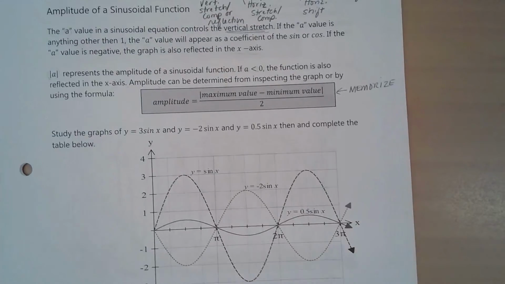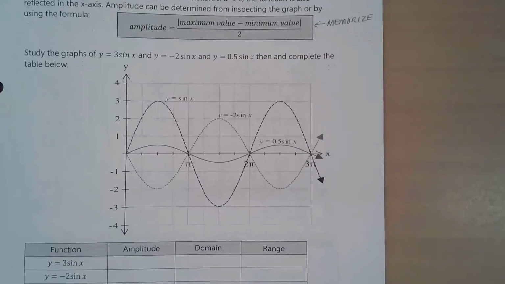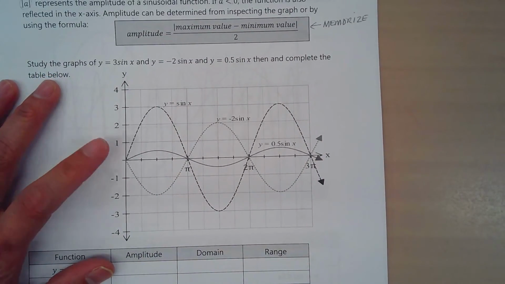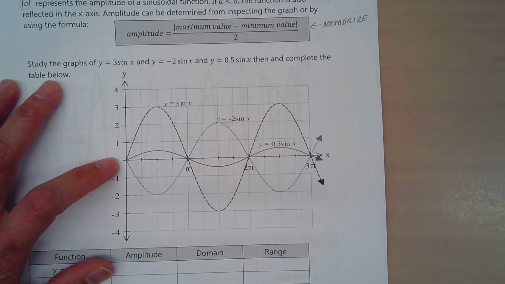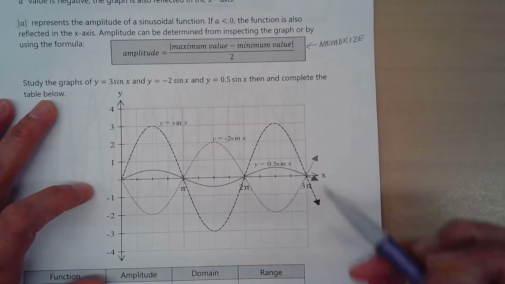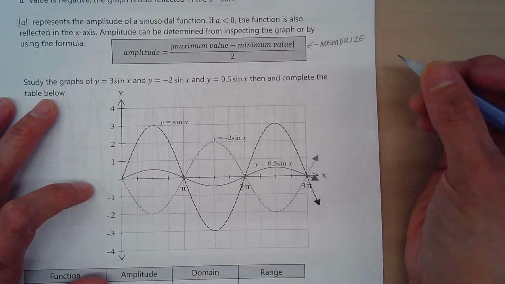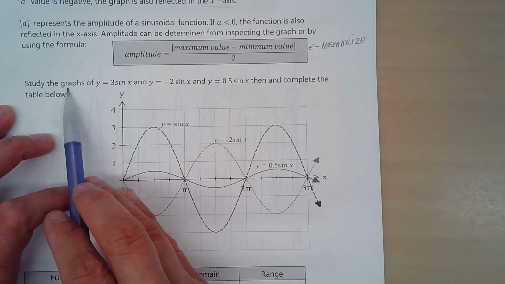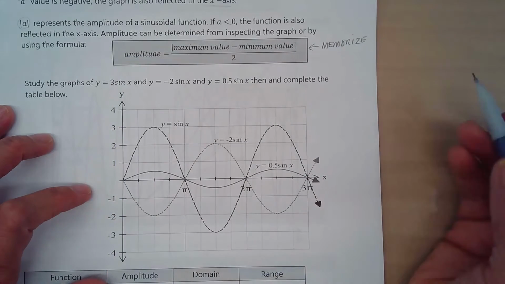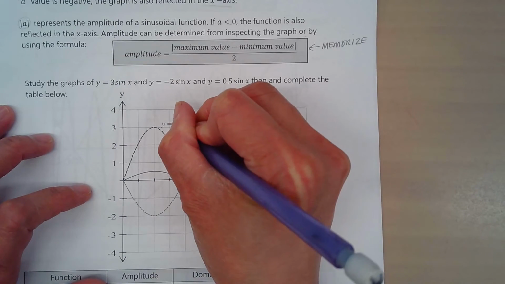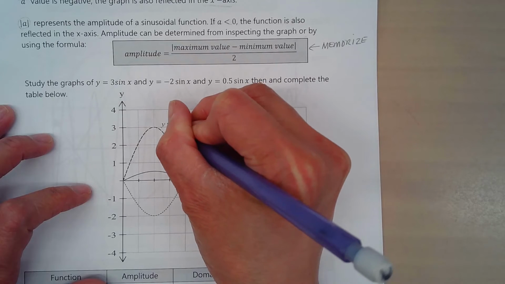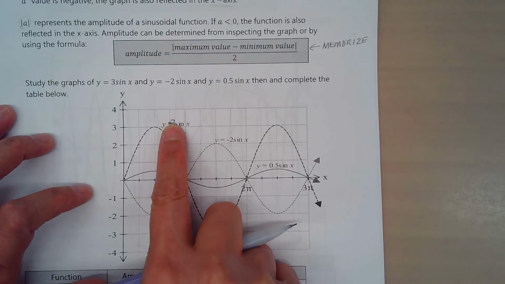Okay, so study the graphs of these. There are 2 graphs in these. This one is supposed to be the graph of 3 sine of x. There's supposed to be a 3 here, so let's put a positive 3 there.